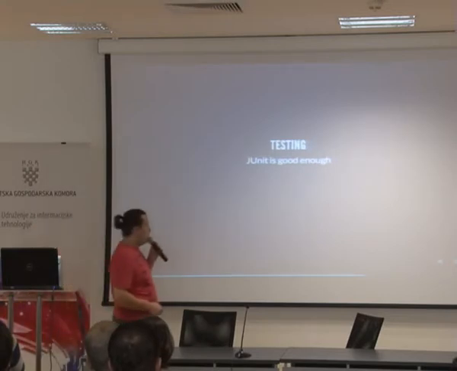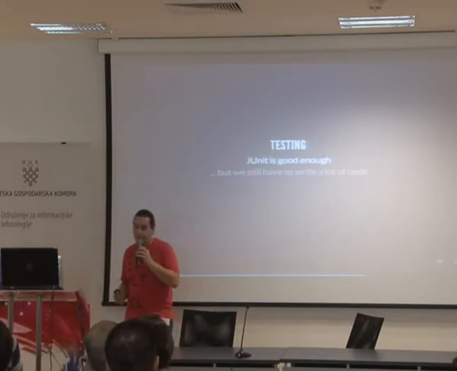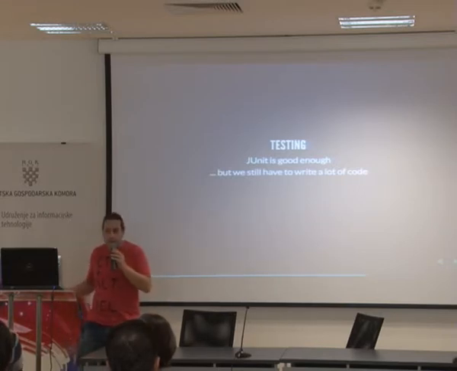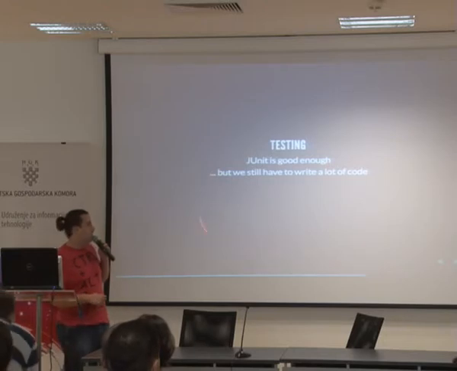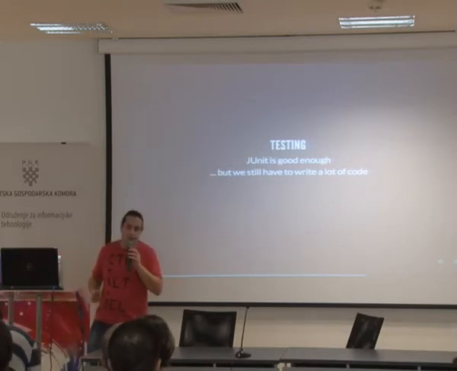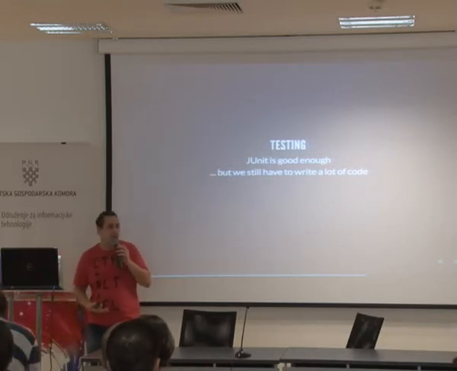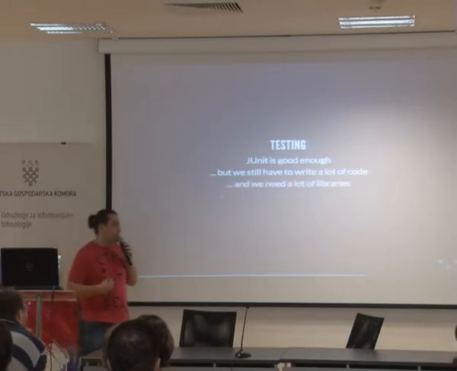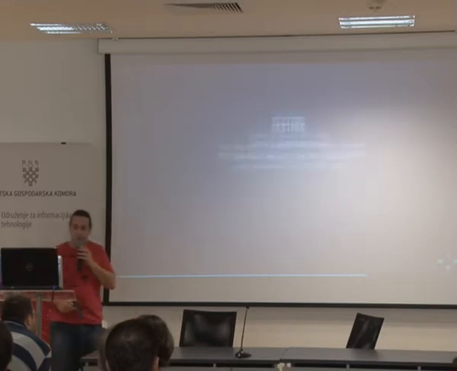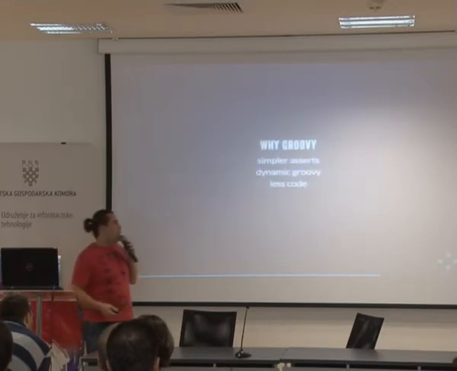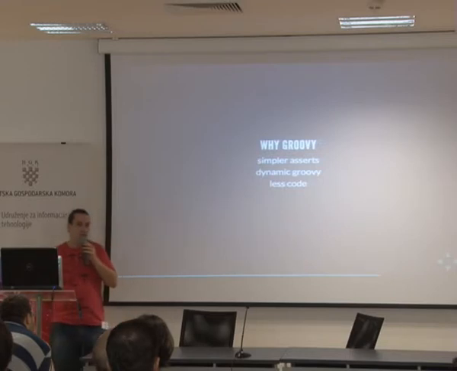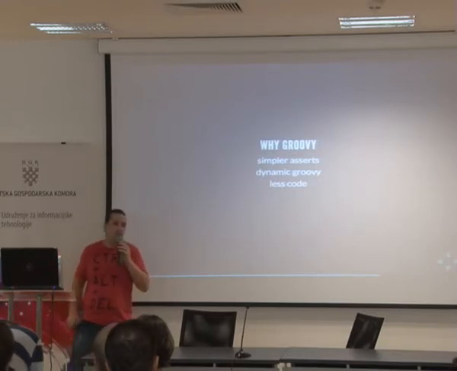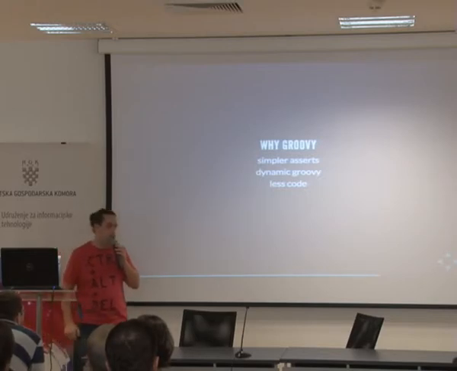Now I would like to go into testing with Groovy and Java. JUnit is good. Why not? We all use it. There's still a lot of boilerplate code we have to write in JUnit to get our unit tests running, and we need a lot of libraries to get things looking nicer. So why Groovy? Groovy has a much more powerful assert statement than Java, and I would say even than some of the Java libraries we can use for assertions.